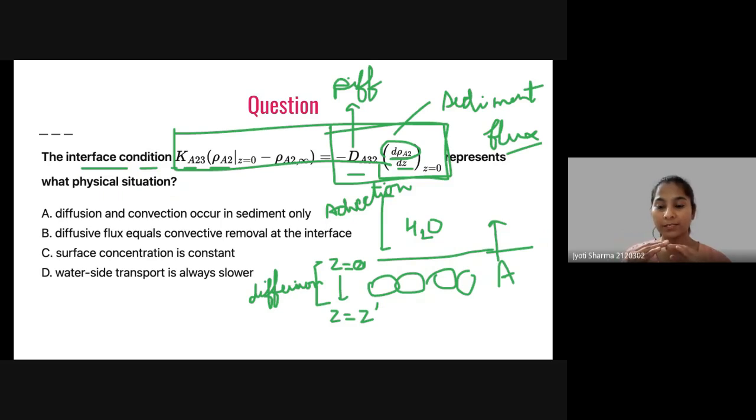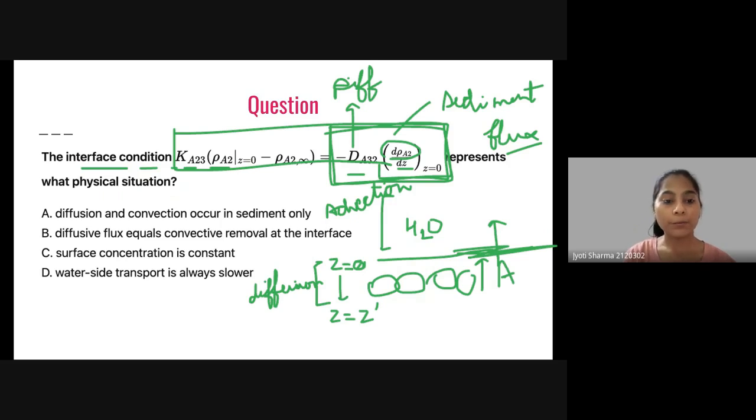Across the distance z there is a change in concentration of A, and that's how it diffuses, depending on the diffusivity, shown here as D A32. So whenever A comes to this interface and crosses it, this is just due to diffusion, and the flux is represented by this right hand side term.